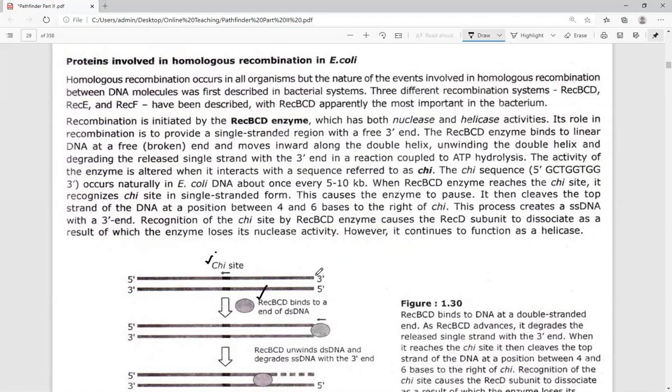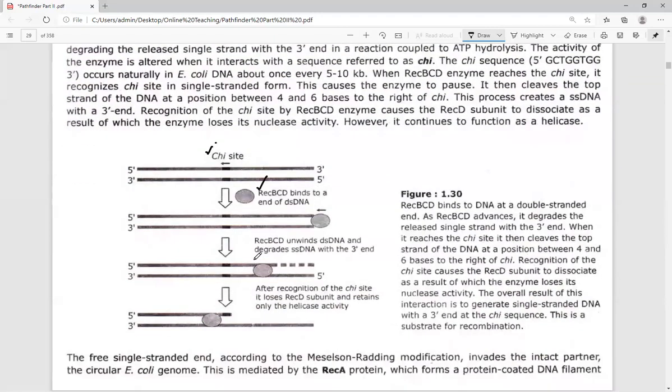Okay. As it reaches the chi site, the RecD activity is lost. You can look here. RecBCD unwinds the double helical DNA molecule and degrades single-stranded DNA. As it unwinds, it degrades the single-stranded DNA molecule. All such DNA molecules will be degraded. After recognition of the chi site, it loses its RecD activity.